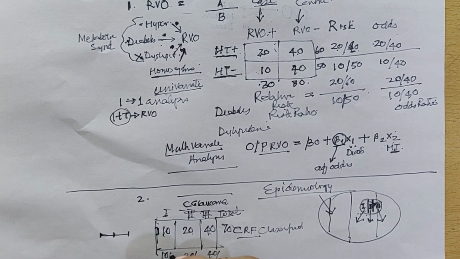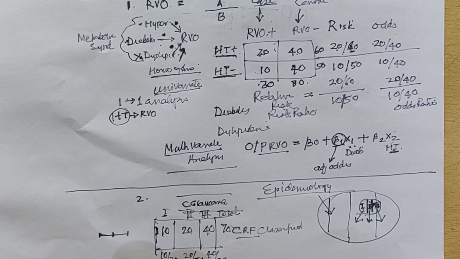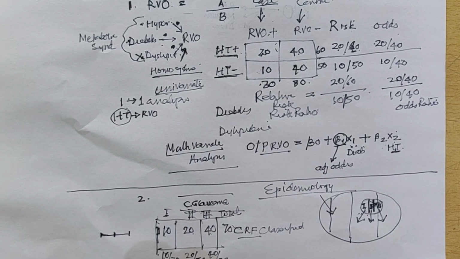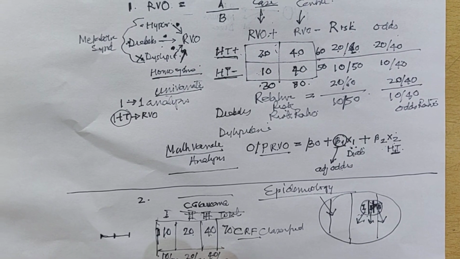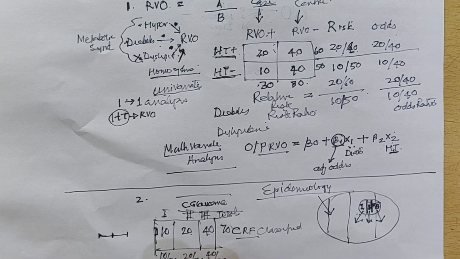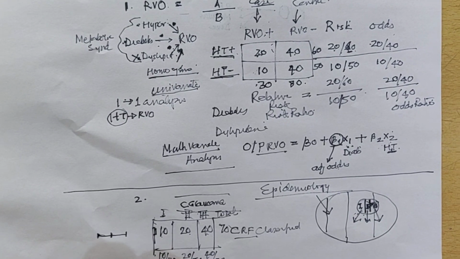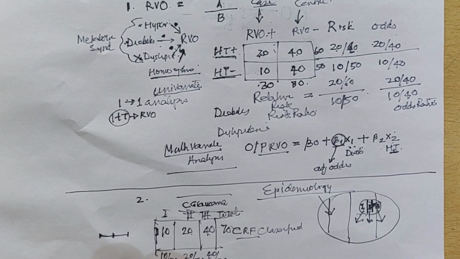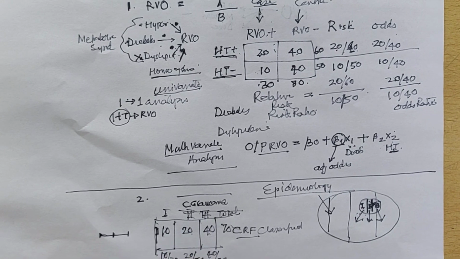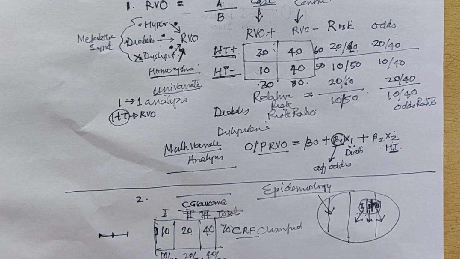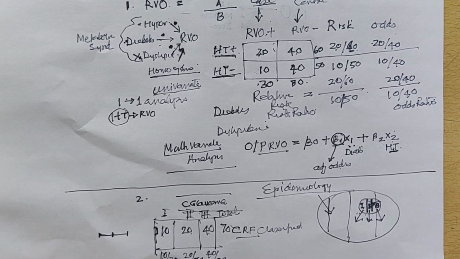That means instead of saying 10 upon 70, you can say 9 upon 70 to 12 upon 70. And if this is a 95% confidence interval, it means that if you do 100 such trials, 95 times the value will be between this number and this number.